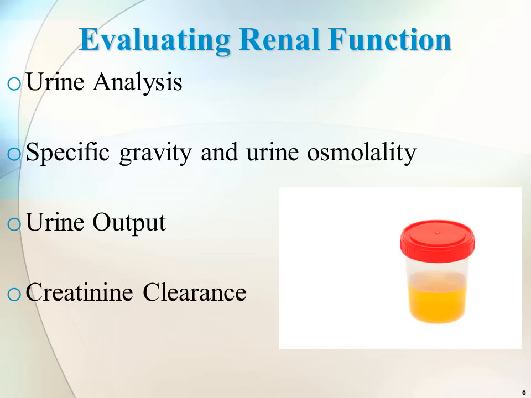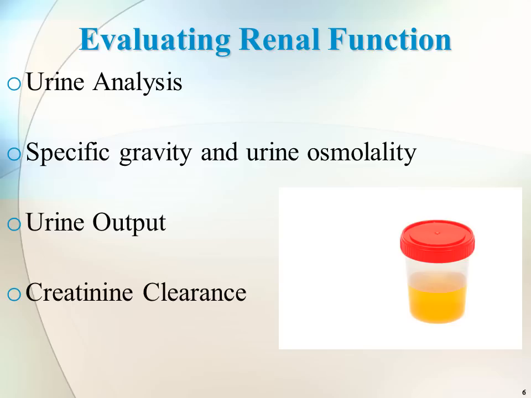Osmolality, urine osmolality, measures the number of solutes or particles that are present in the urine. Urine osmolality is a more accurate measure of urine concentration than specific gravity. Let's differentiate between serum osmolality and urine osmolality.